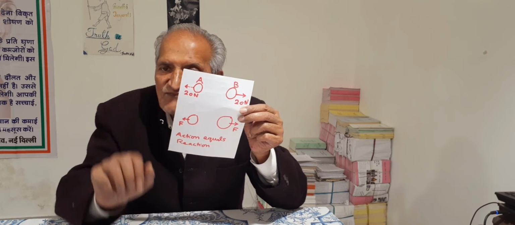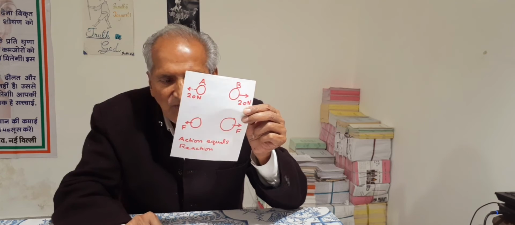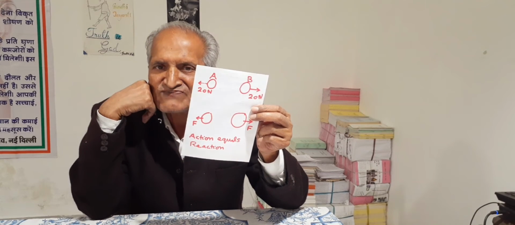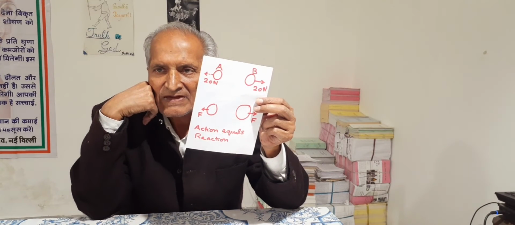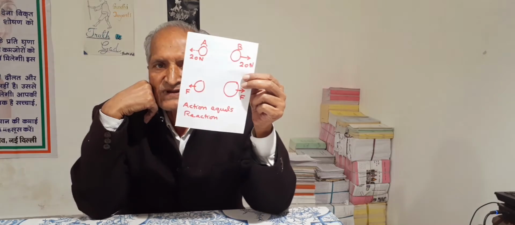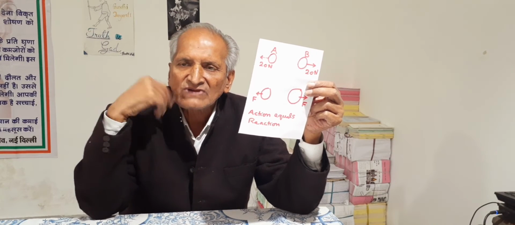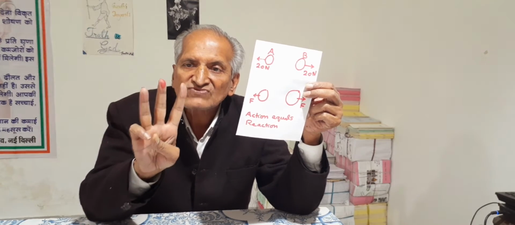I would like to clarify two things here, and why this becomes so important for me. In 2002 there was violence in Gujarat. The chief minister of Gujarat at that time mentioned that it's action and reaction. I suggested to my students in my class the next day that we should understand that this law has three parts.